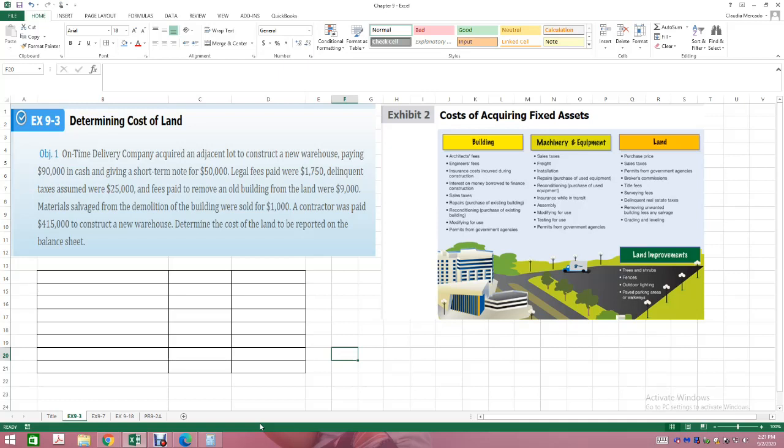Now, in your chapter, you are provided with Exhibit 2, which basically breaks down the cost of acquiring the different types of fixed assets, whether it be a building, machinery and equipment, or land. Now, this particular problem deals with land, so we're going to be focusing on land.